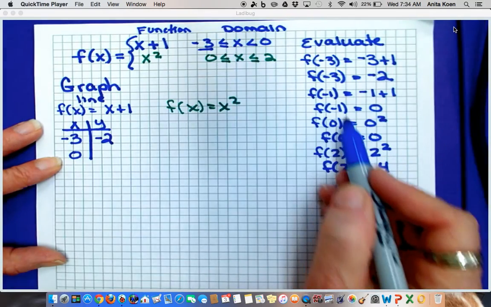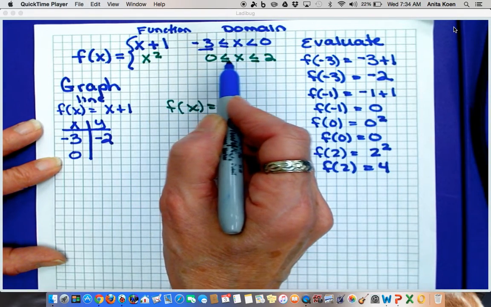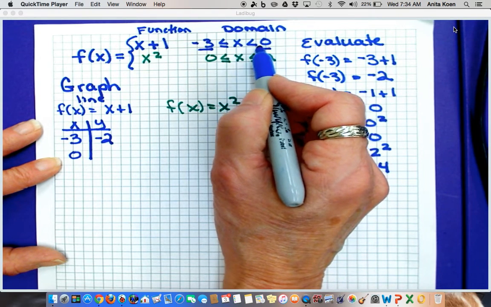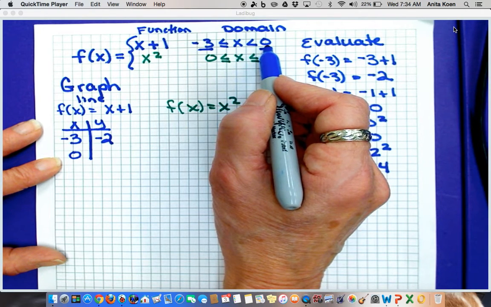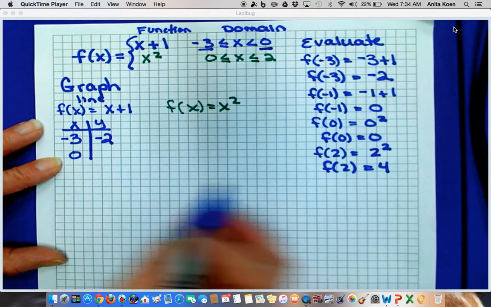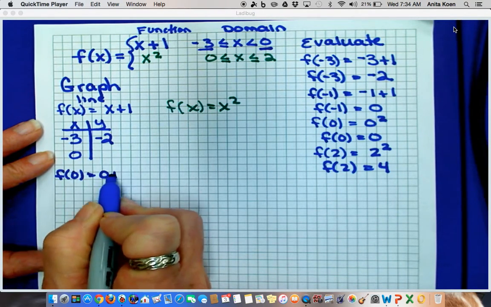Now when we evaluated 0 over here, we put it into the second function because that's where it's equal to. But when you're graphing, you have to find out if this was included, what would be the boundary. Okay, so put in 0 here. So I'm going to find f of 0. That's 0 plus 1.